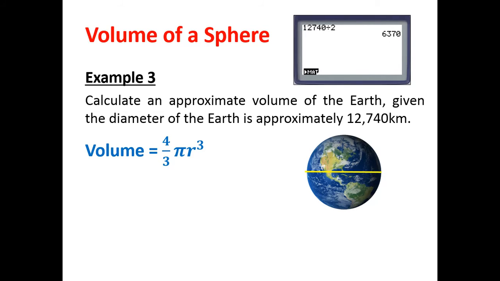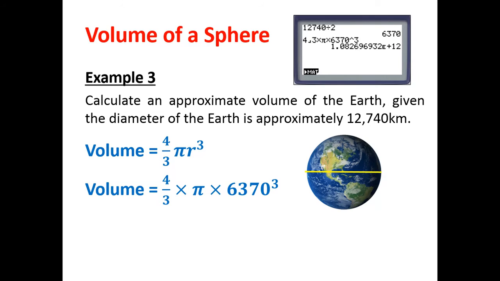So we need to take the diameter, 12,740, and divide it by 2 to get a radius of 6,370 kilometers. So we're going to substitute 4/3 times pi times a radius, which is 6,370, to the power of 3. And we're going to get this weird looking number up here.